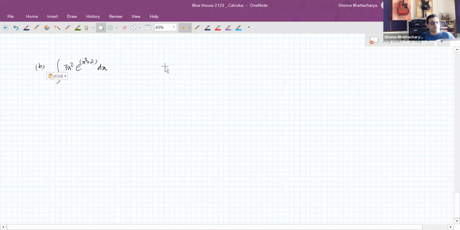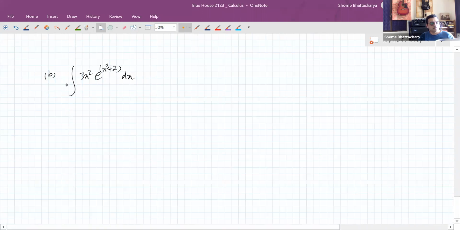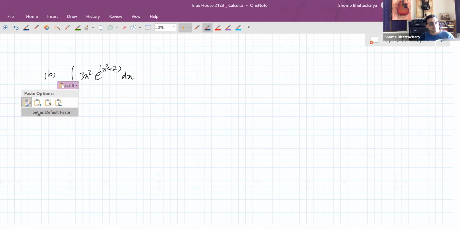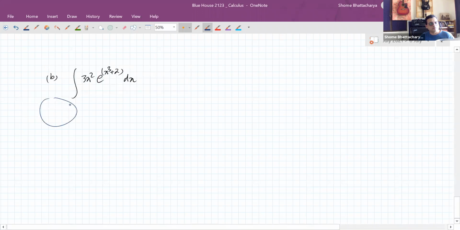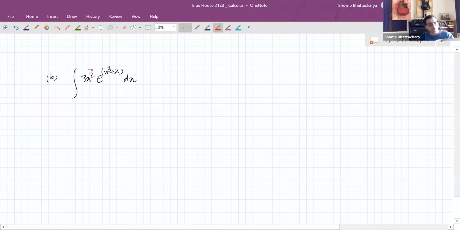So immediately you can identify quite easily that in this function, okay, you can identify that this term is g prime x, provided we take this term as g x.